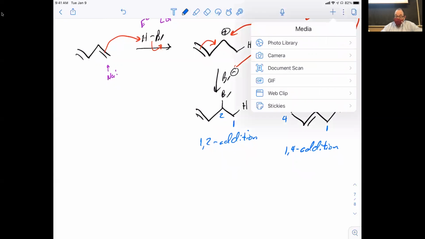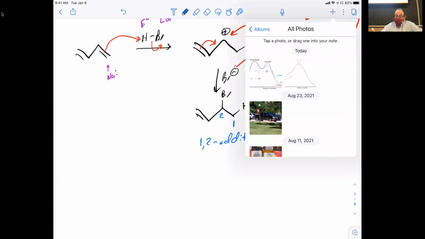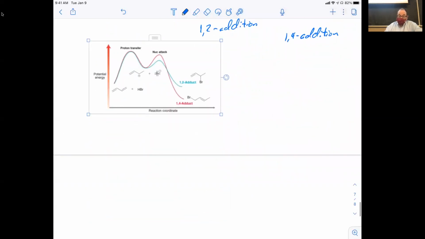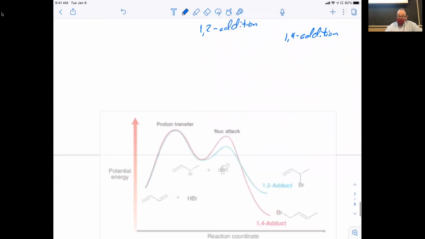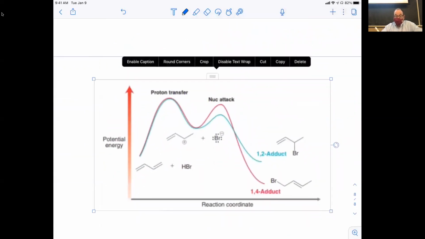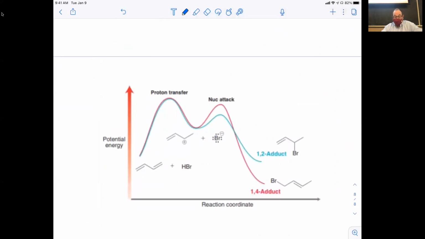And I believe I have a picture. Fuzzy picture, but a picture. Okay. So when we look at the energy here, what we see is that we go through the carbocation, and then we're going to end up with the two different products.